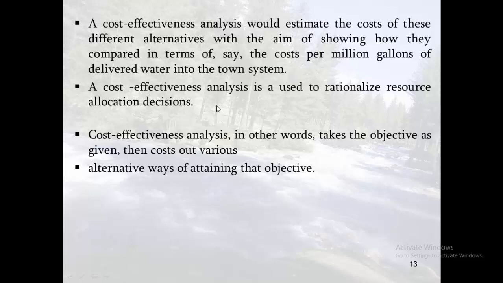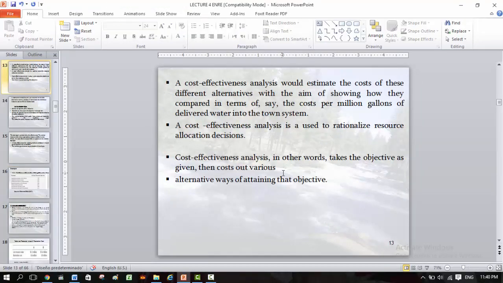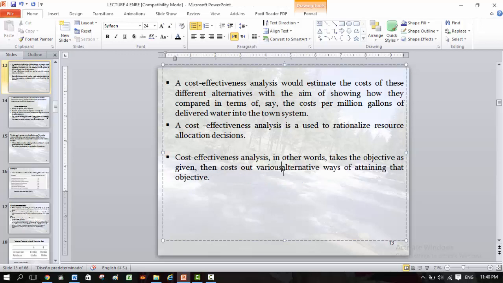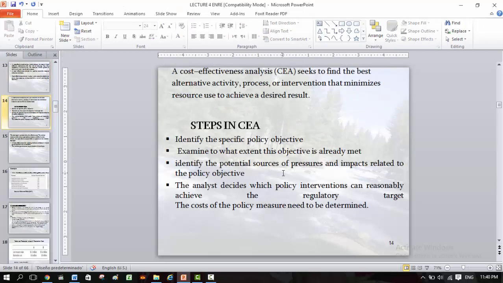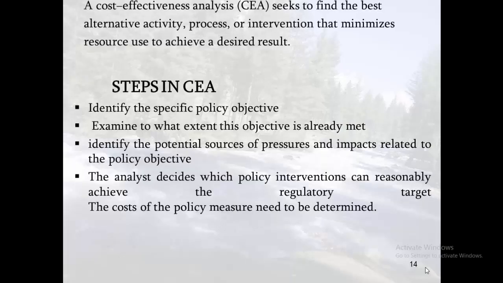A cost-effectiveness analysis is used to rationalize the resource allocation decision. In other words, it takes the objective as given, then costs out the various alternatives to achieve that objective. It seeks to find the best alternative activity, process or intervention that minimizes the resources used to achieve the desired result.